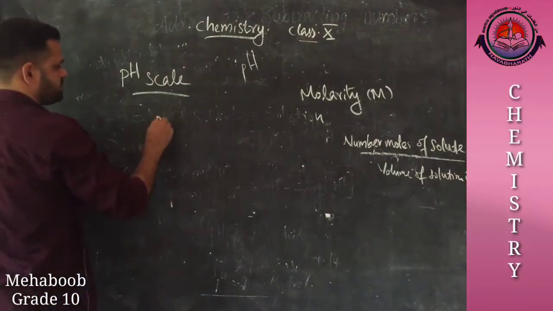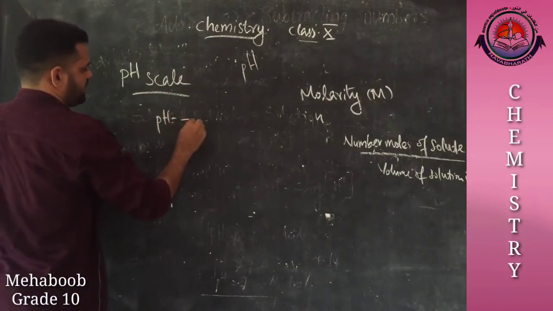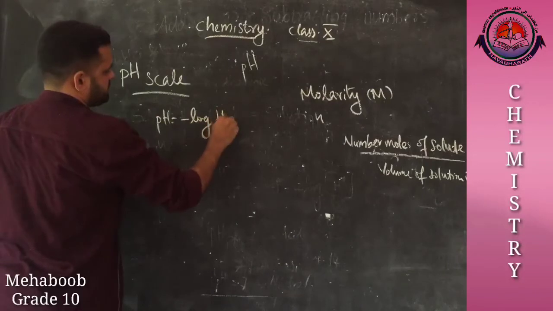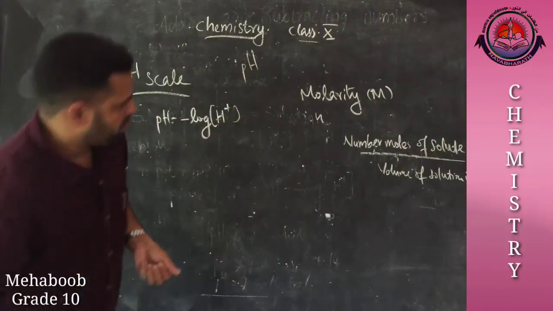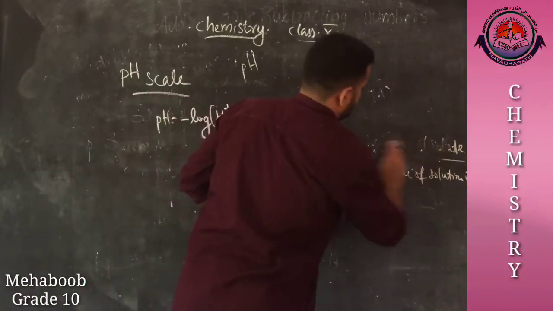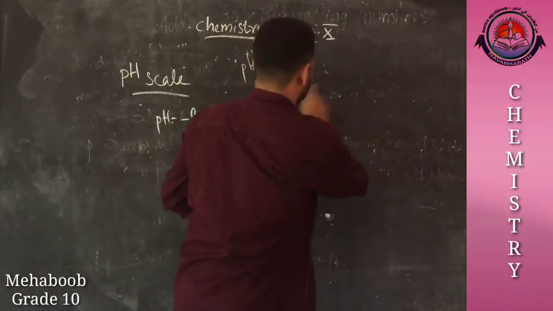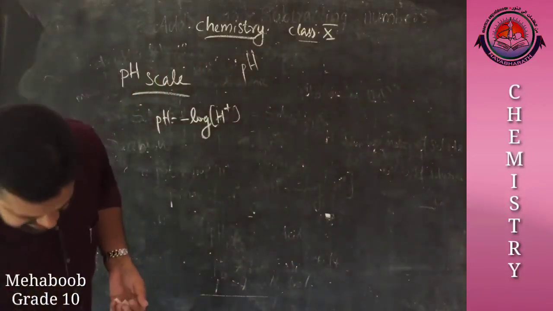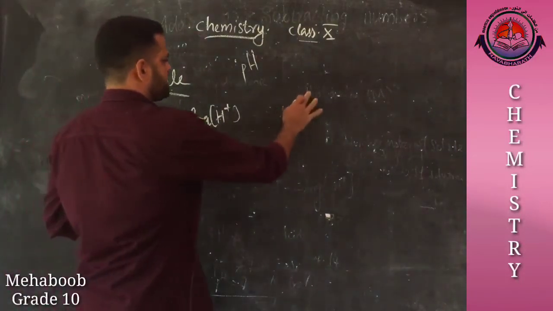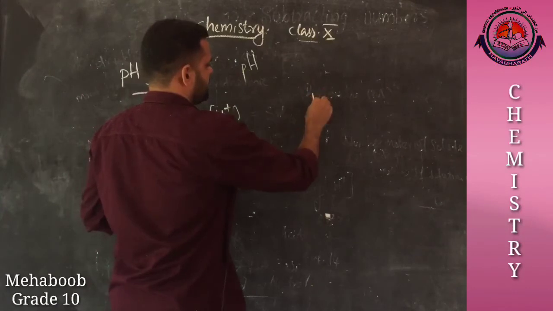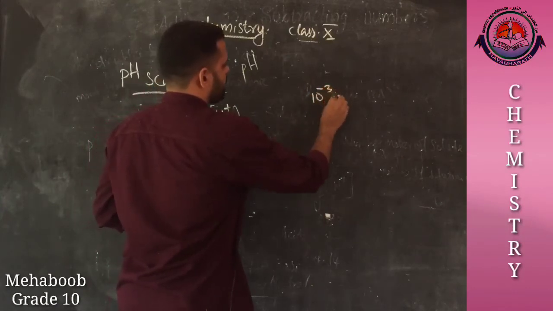For example, if there is an acid whose concentration is 10 raised to minus 3 molar.